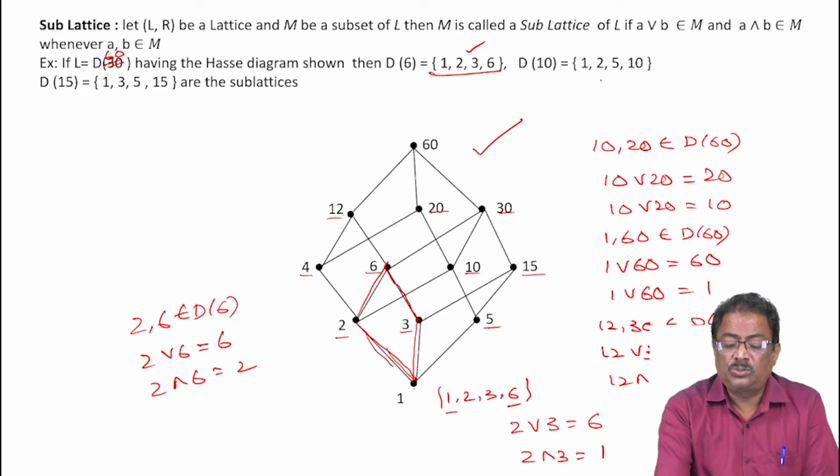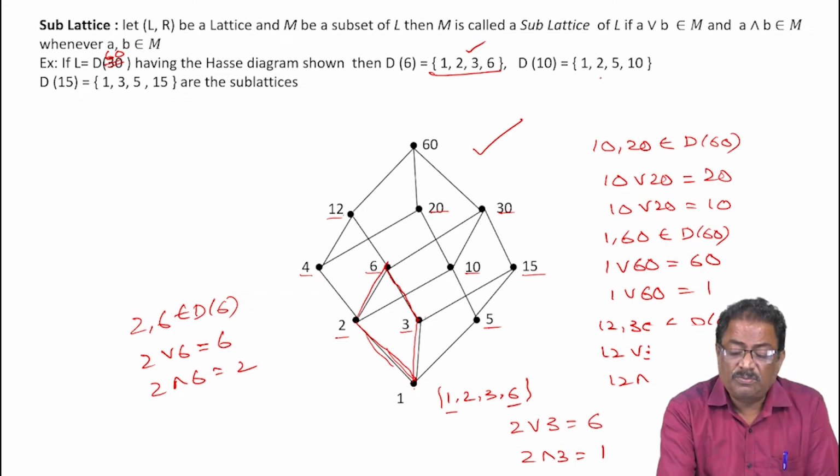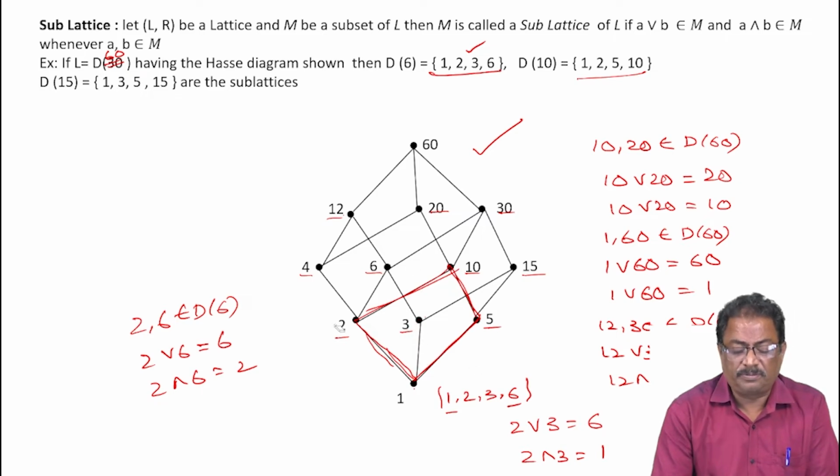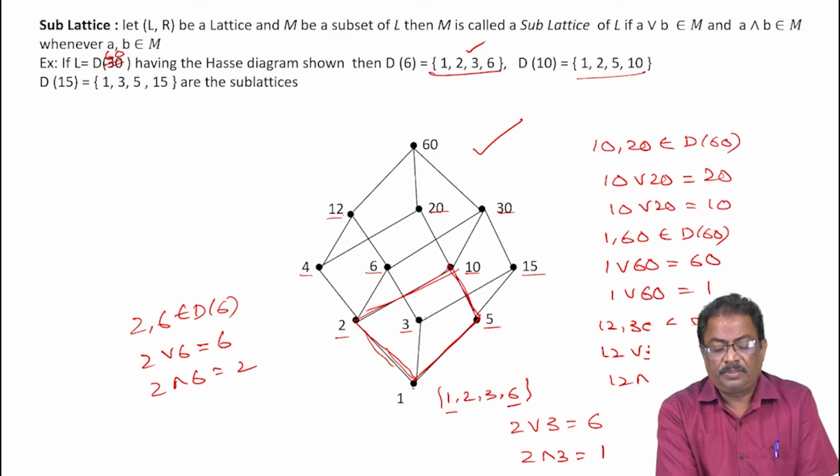Similarly, 1, 2, 5, 10. If I am taking 1, 2, 5, 10, obviously this is also a lattice. Here any pair, 2, 5 if I am taking, the greatest lower bound is 1 and the least upper bound is 10.